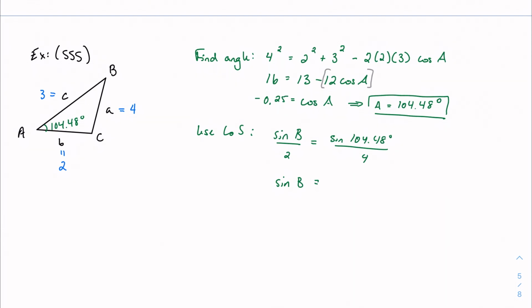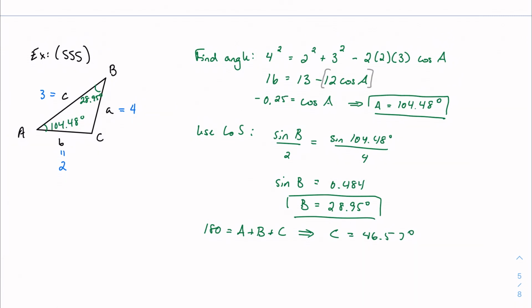So here's my sine B, and of course I can use my inverse sine, my arc sine, to find the angle, and I get 28.95. Of course, the last step is all the angles must add up to 180, so you can just add these together and subtract from 180, and I get C equal to 46.57.